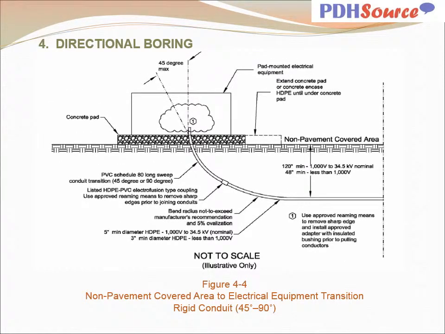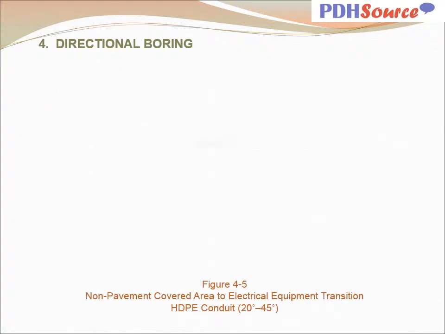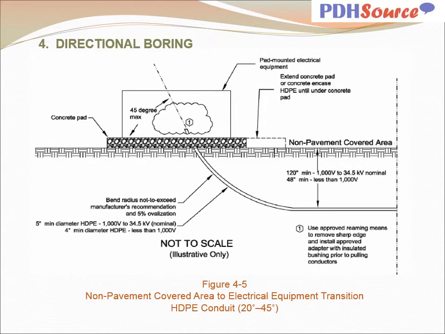Figure 4.4 indicates non-pavement covered area to electrical equipment transition for rigid conduit, 45 to 90 degrees. Figure 4.5 indicates non-pavement covered area to electrical equipment transition for HDPE conduit, 20 to 45 degrees.